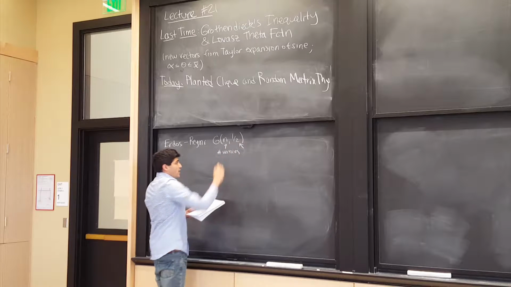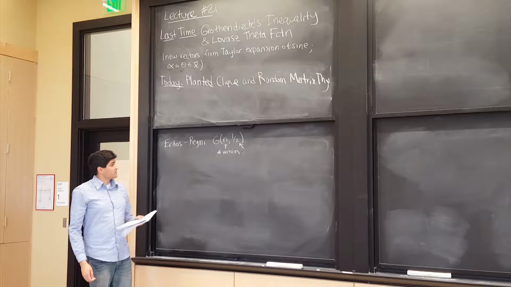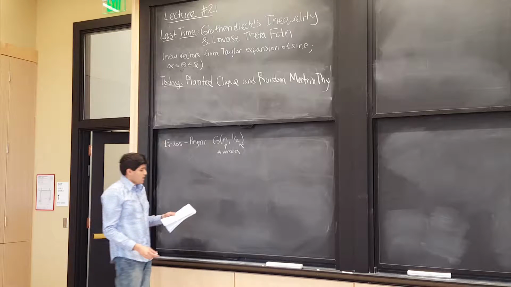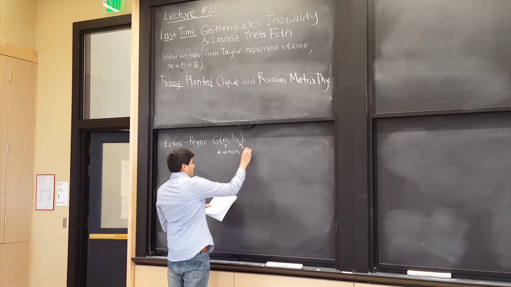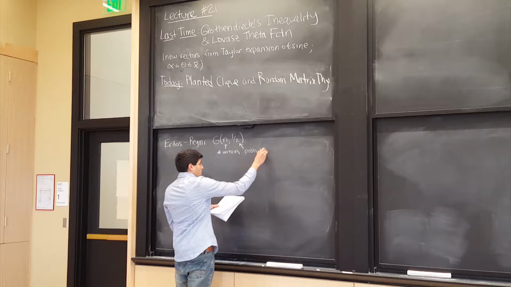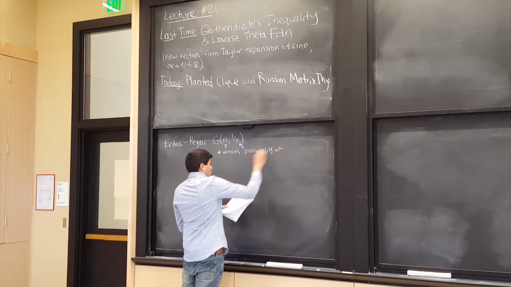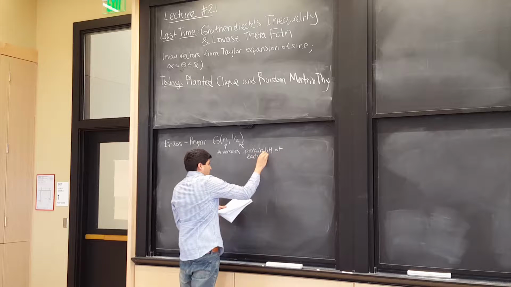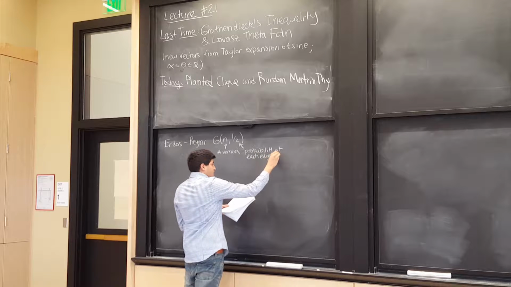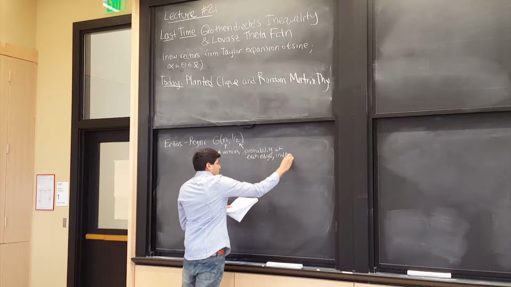And whatever value I put here, I put a half, sometimes it's called G(n,p) instead, this is just the probability of each edge. And moreover, these probabilities are all independent for each of the edges.